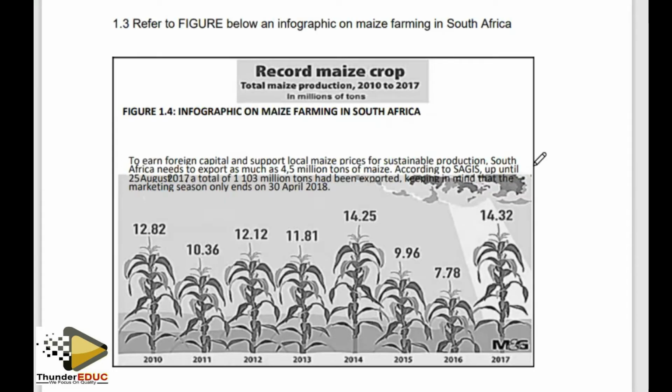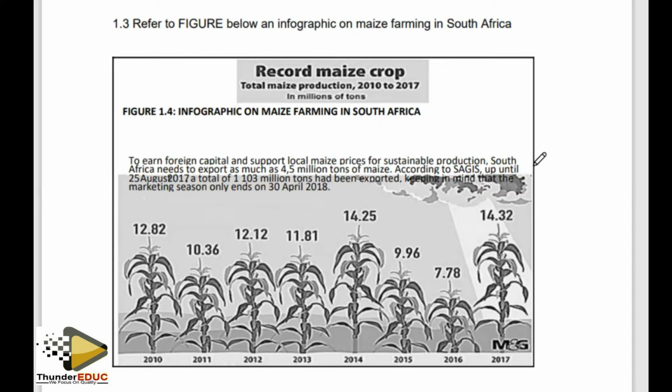Okay, question 1.3, it says refer to the figure below, an infographic on maize farming in South Africa. As you can see, it says record maize crop, total maize production 2010 to 2017 in million tons.